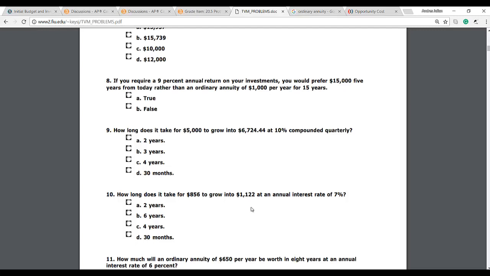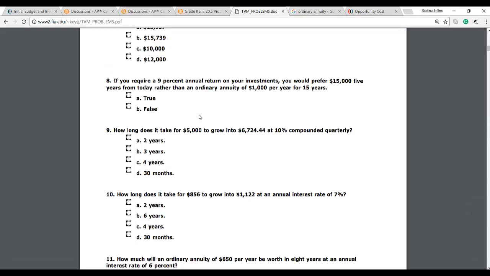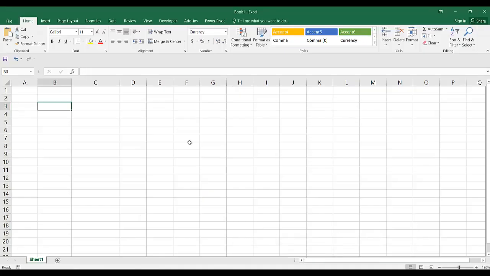And this is something that is very, very applicable to real life situations. What would you prefer? You want $15,000 at the end of 5 years, or you would like to get $1,000 per year during 15 years? Okay, so let's see the difference.